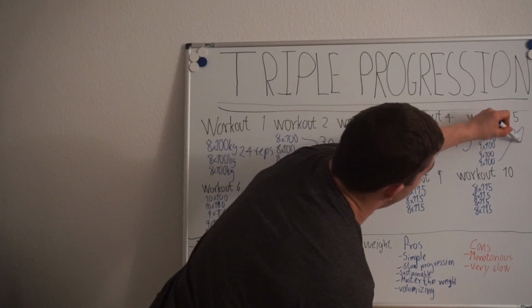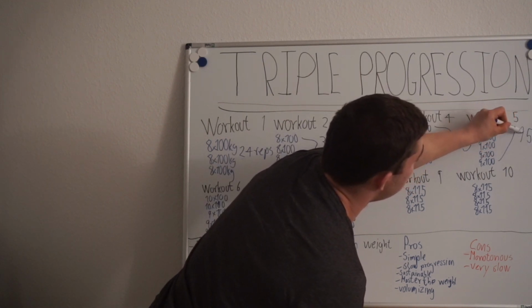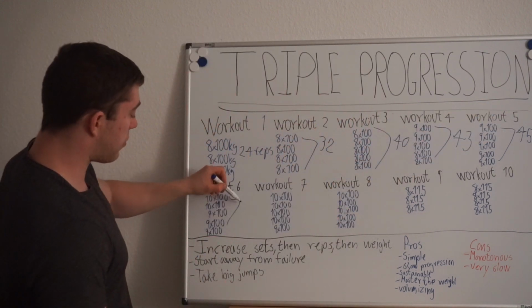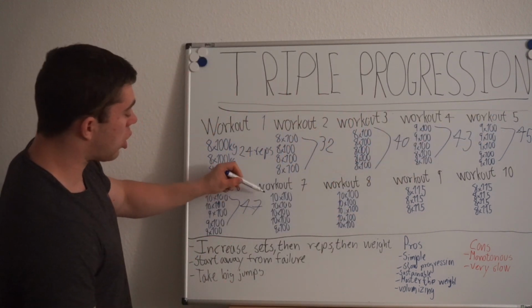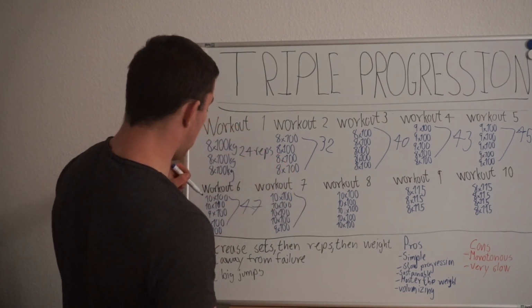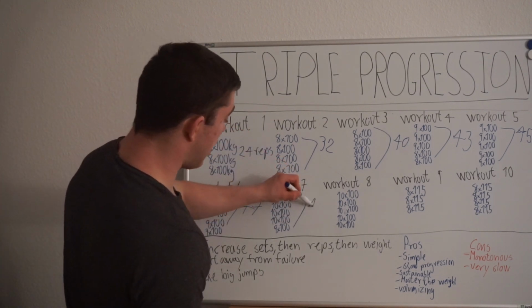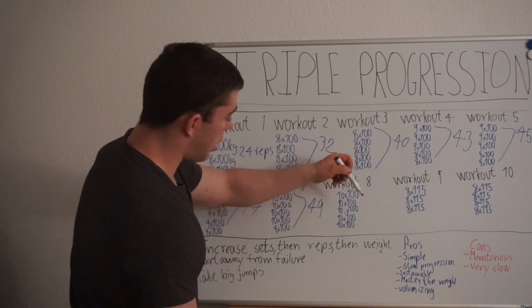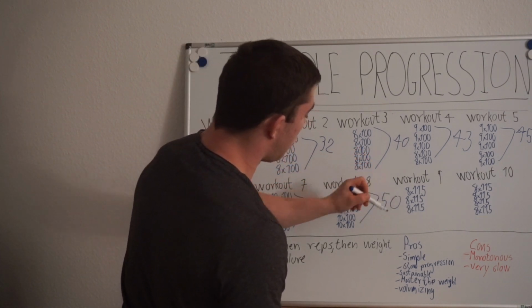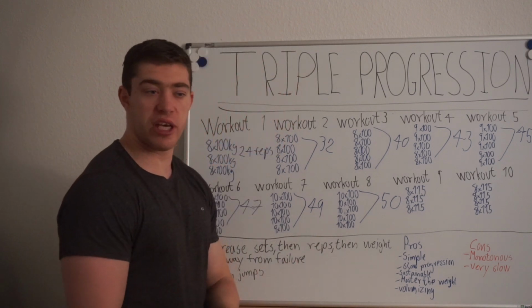And then we have 45 over here. Then going down here we have 47 reps. Now we are doing a couple sets of 10. Then we have 49. And then for this one we have 50 reps. So now we have 5 sets of 10.